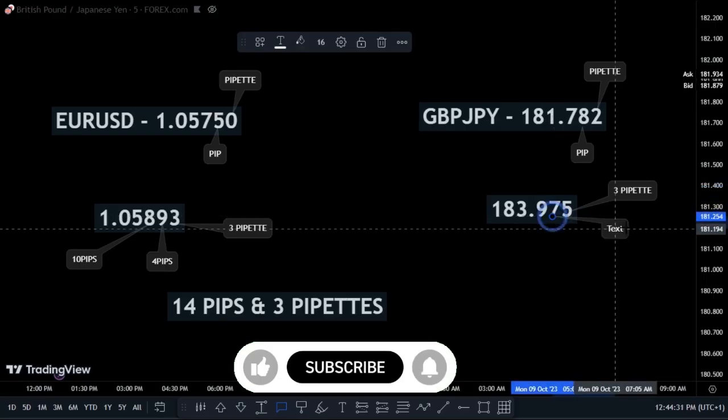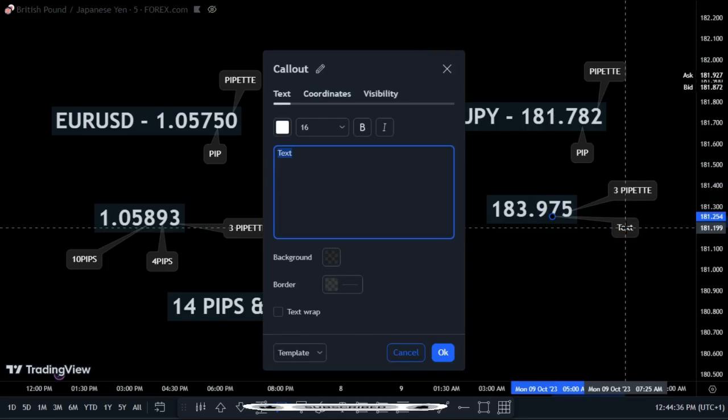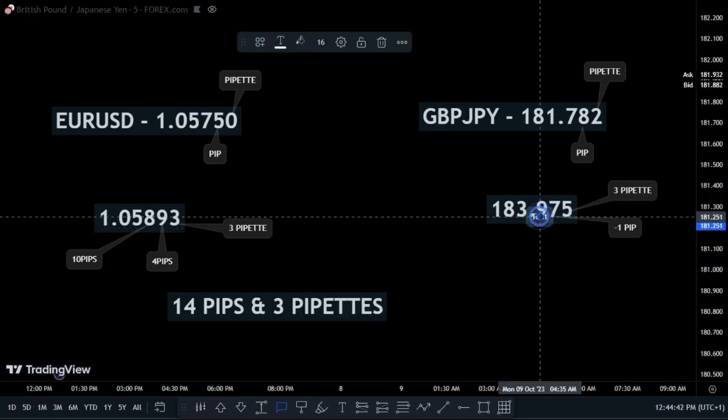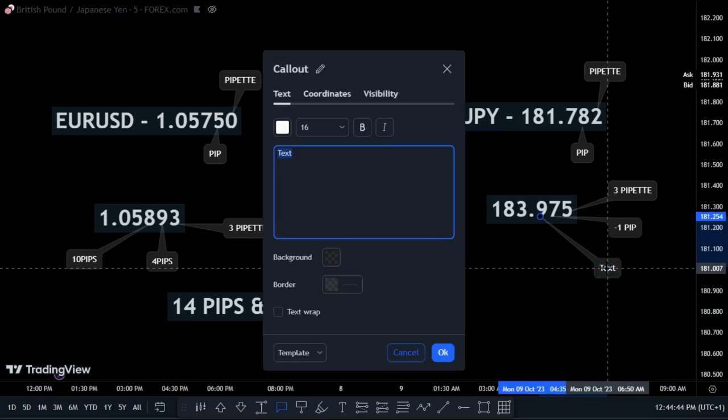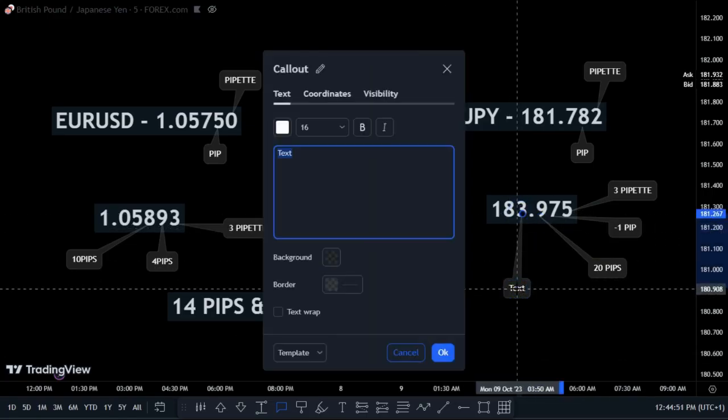Just as we also added, did we add or did we reduce? We lost 1 pip, minus 1 pip, and we have an extra 20 pips here. And moving on to this, we had an extra 200 pips.